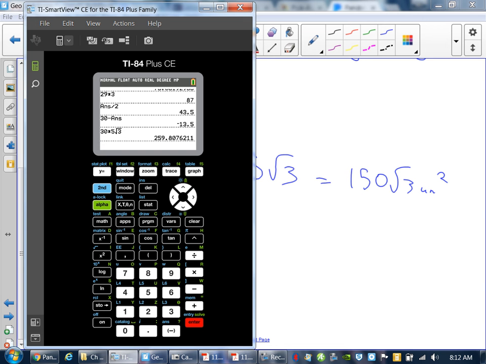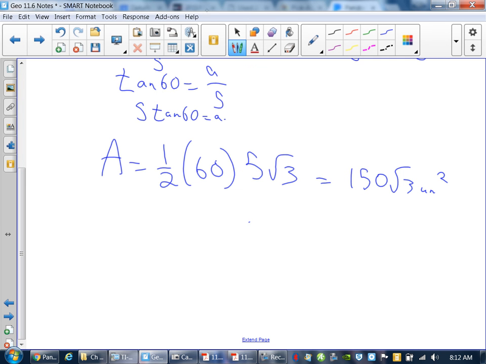It really depends on how it sets itself up. That's why I wanted to show the special right triangle ones. All of them are doing the same thing, but even the sequencing of how you type it can change how the answer comes out, with a root versus a decimal.